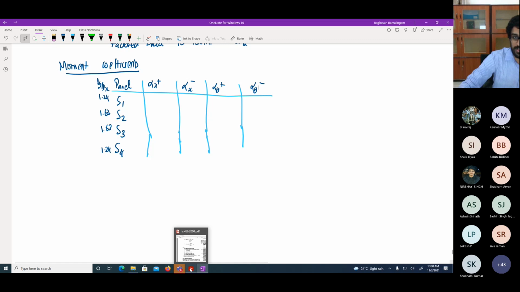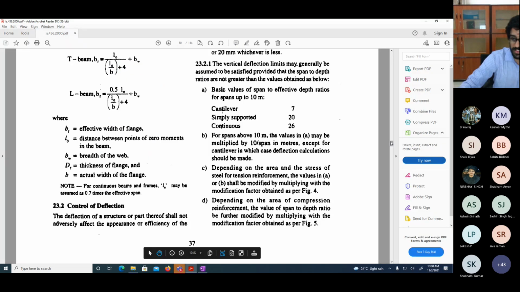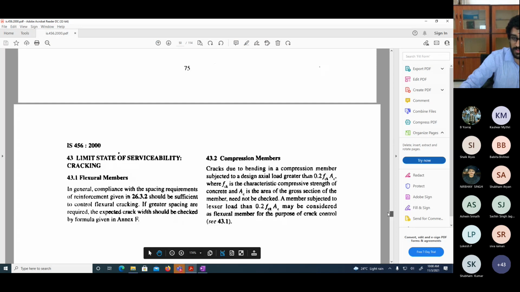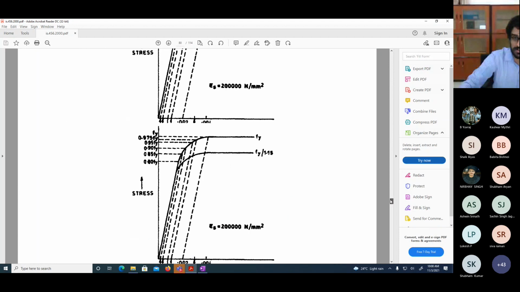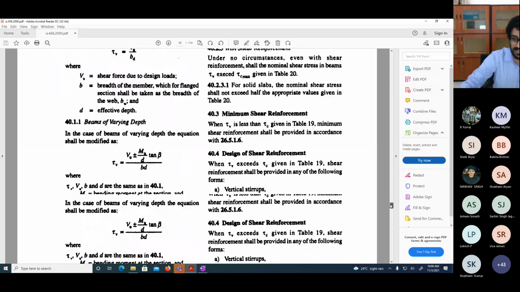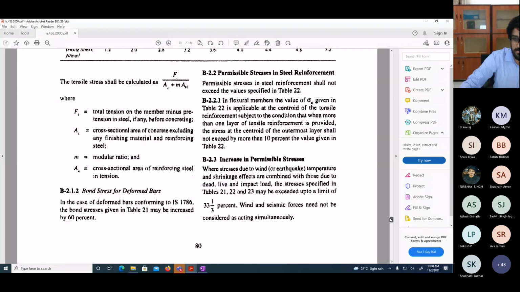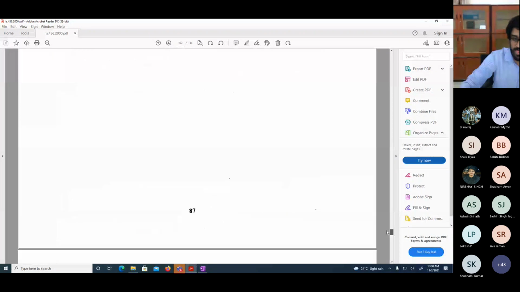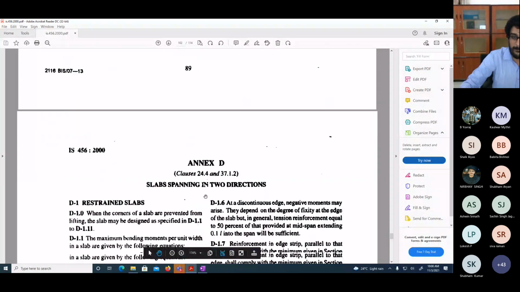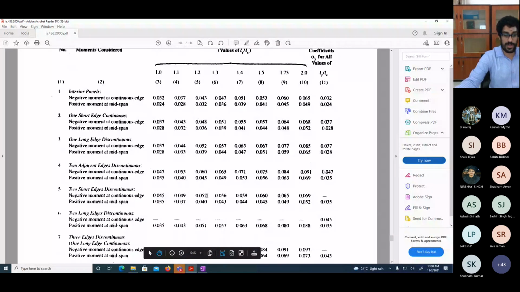Now one by one. So S1, have a look at your notebook. What type of panel was S1? Just look at what you've written down.